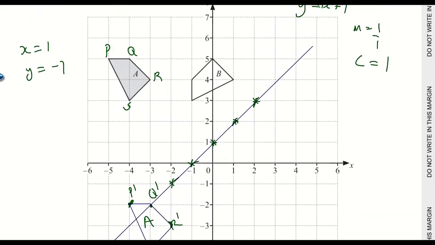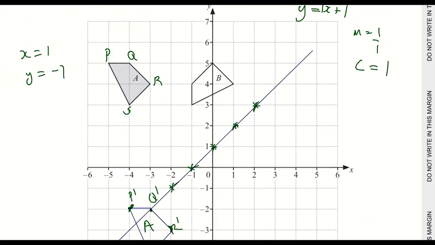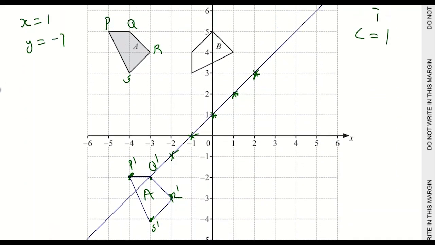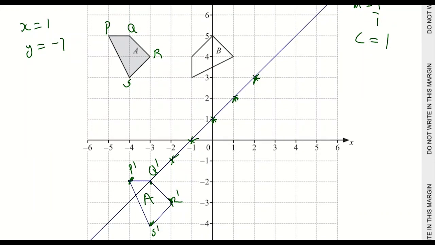So that will be the mirror line. You may want to extend this a little bit. Good. So that is the mirror line. Shape A now is a diagonal line. If you count from each of the vertices, that is points P, Q, R, and S respectively.